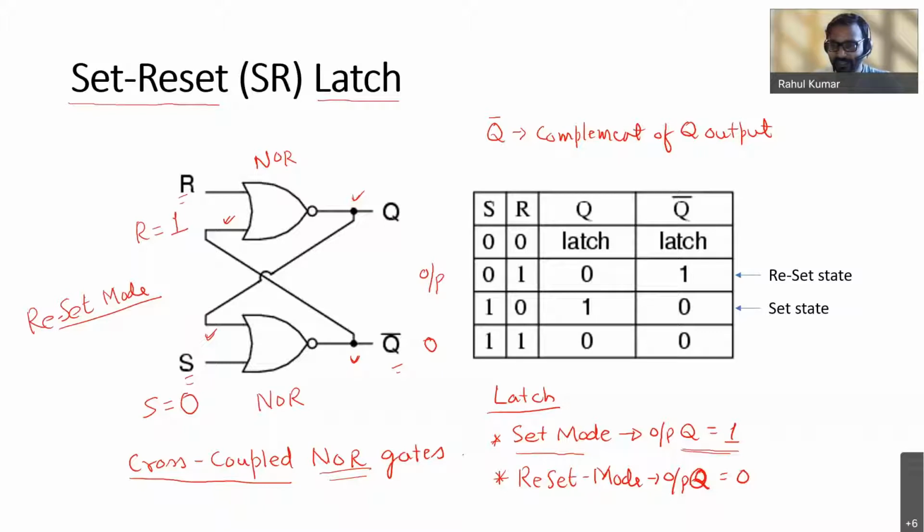In that case, output Q will be 0 and Q dash will be 1. So it's quite simple.